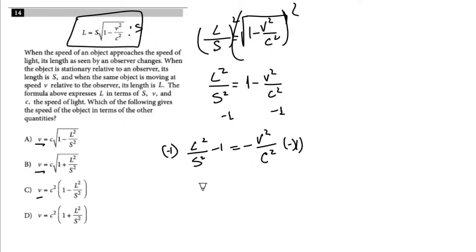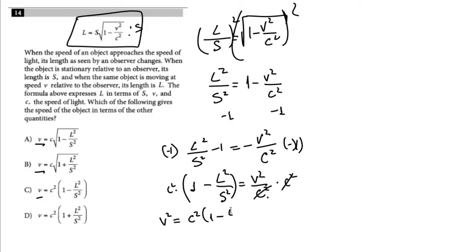So I get 1 minus L squared divided by S squared equals V squared divided by C squared. Now I want to get rid of C, since V is divided by C, so I multiply both sides by C squared. I get rid of this and factor out, so I have V squared equals C squared times 1 minus L squared divided by S squared.